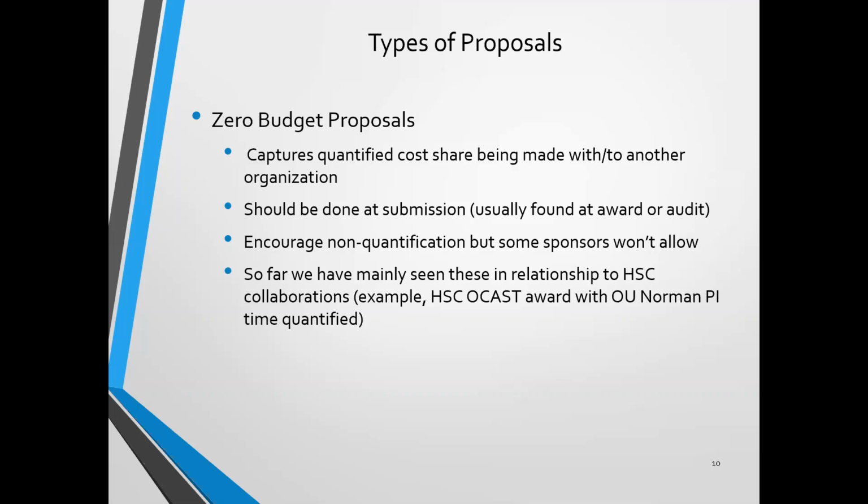Well, anything over 1% has to be reported and tracked internally at OU Norman. So OU Norman has to make sure that they're collecting the information to send to HSC for HSC to provide to OCAST in the reporting that your effort has been expended for this work that you've promised to do.